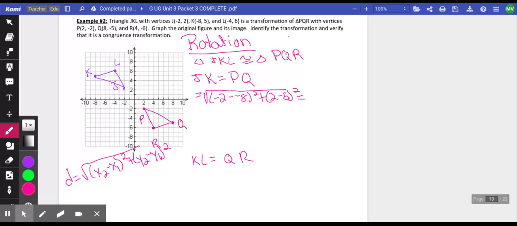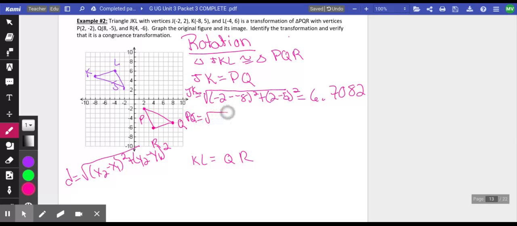I do that on my calculator, and I get 6.7082.